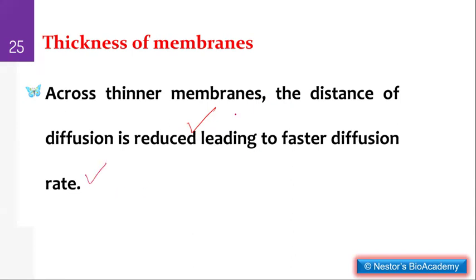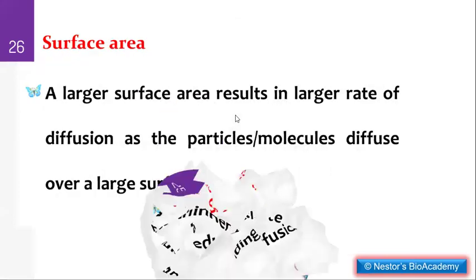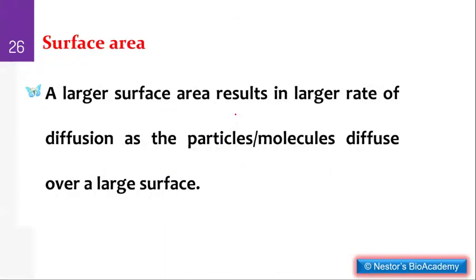And the rate of diffusion is also dependent on the surface area. What is the surface area over which diffusion takes place? A larger surface area will always result in a larger rate of diffusion because the molecules will be diffusing over a large area.